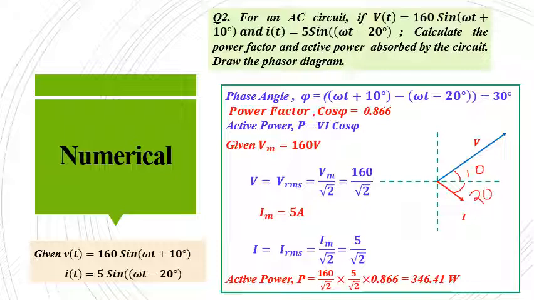So this will be the phasor diagram of the given circuit. Here we can say that current lags the voltage by a total angle of 30 degree. The length of the phasor V will be equal to the peak value 160, and here it will be 5 amperes.